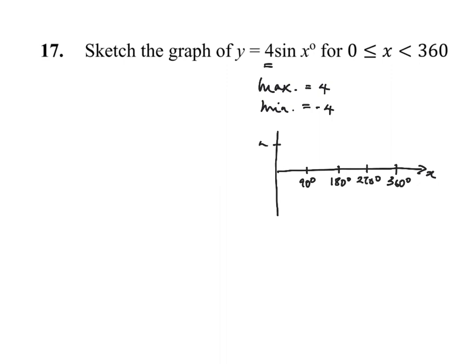And I'm going to mark 4 and minus 4 on the y-axis. Sine starts at 0 and goes up to its maximum, down to 0, down to its minimum, back to 0. And that's the graph of y equals 4 sine x.